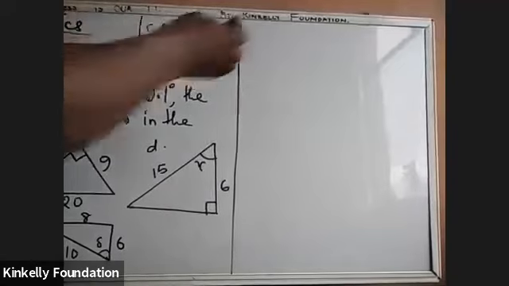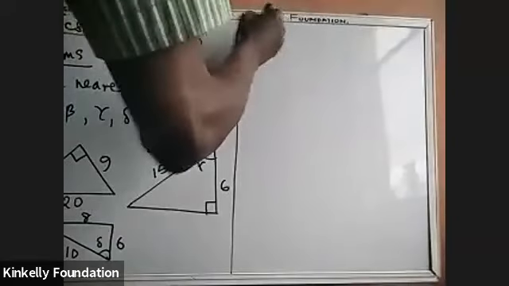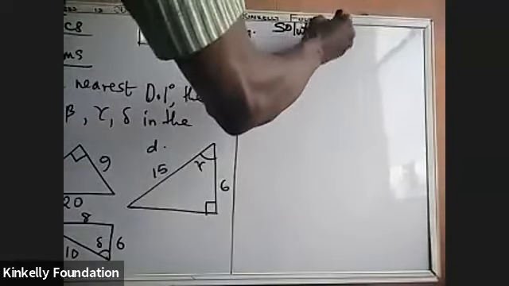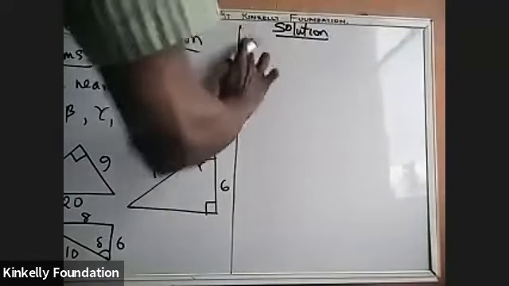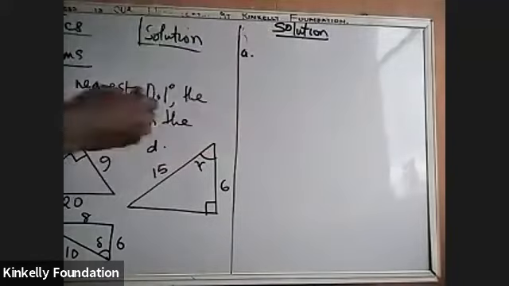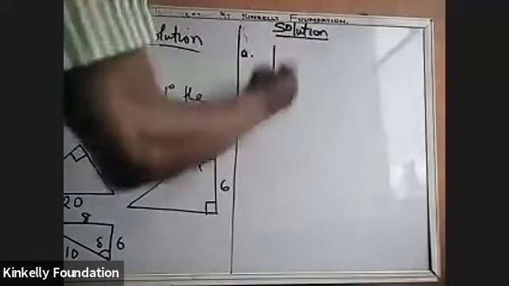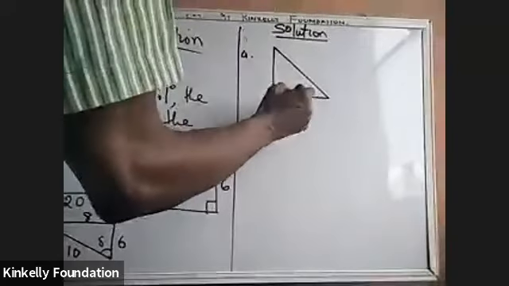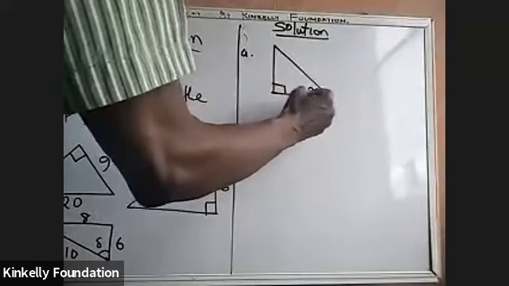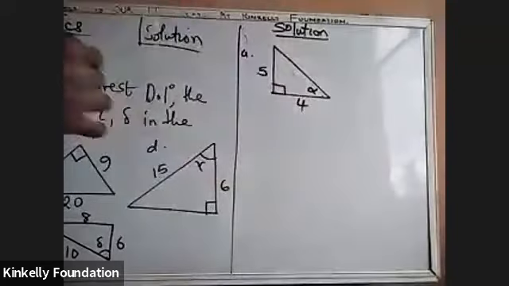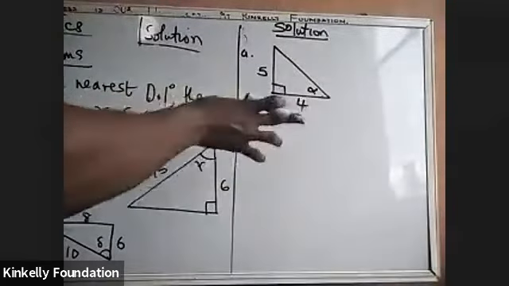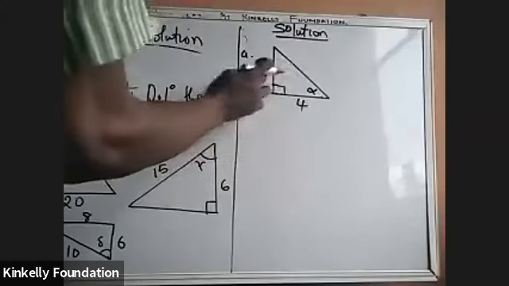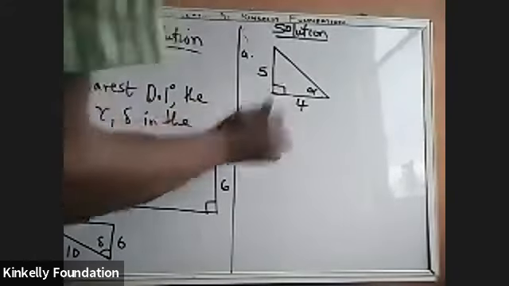In number 1, solution. A, we have alpha, 4, and 5. Now, looking at this, this is the opposite, this is the adjacent.